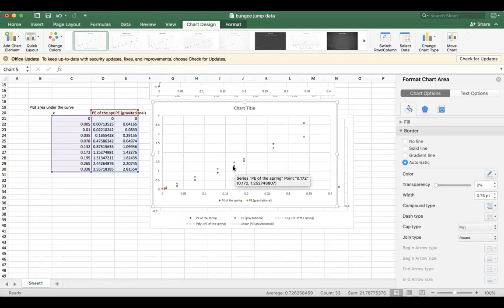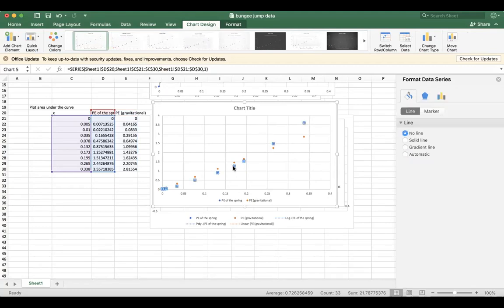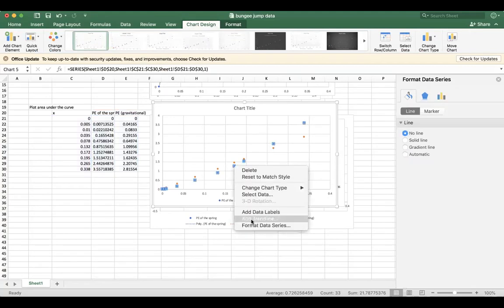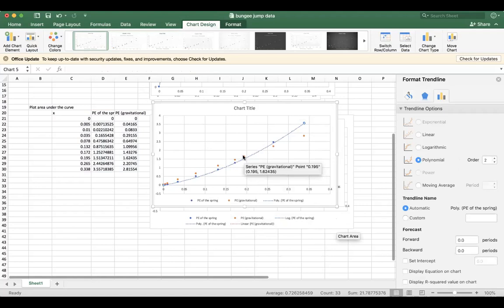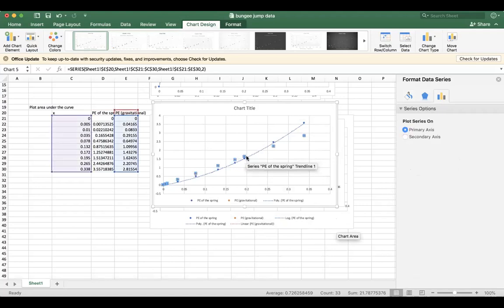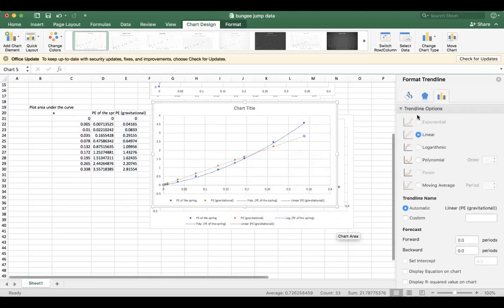Okay, so this blue one was your new curve, that's your potential energy. You do a second order polynomial fit, that will work. And this would be your gravitational potential energy. That is a linear line, because that's just mgh.